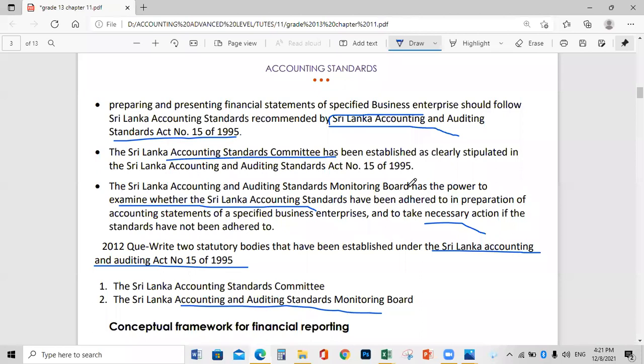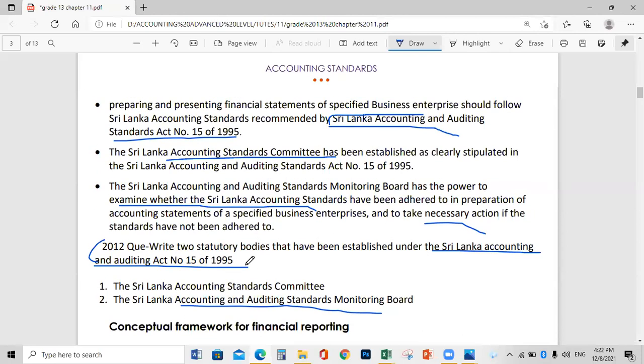Clear? So this was a question asked in the 2012 paper. They ask what are the two statutory bodies established under the Sri Lanka Accounting and Auditing Standards Act number 15 of 1995. This was a 2011 past paper question.